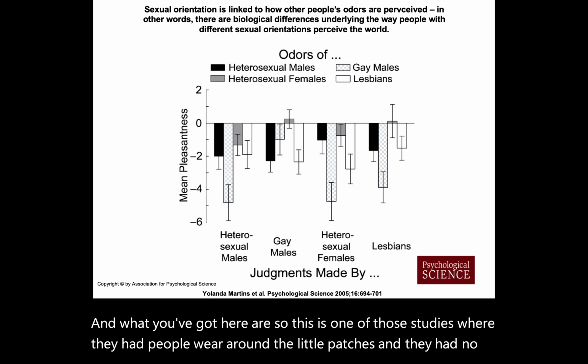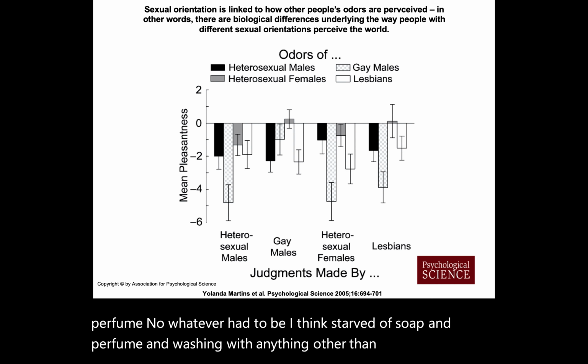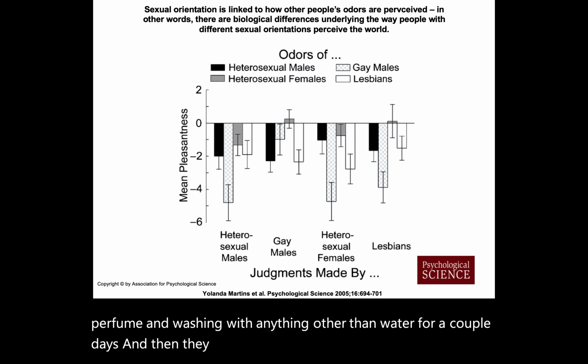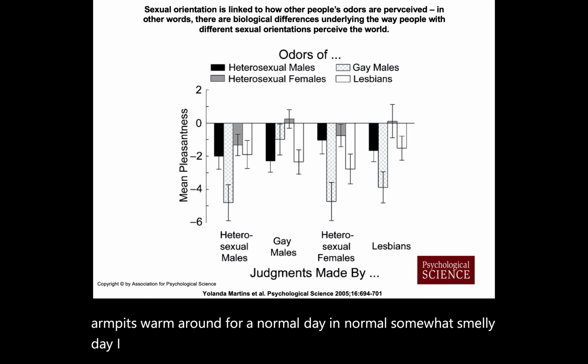They had to be, I think, starved of soap and perfume and washing with anything other than water for a couple days. And then they attached these cotton pads underneath their armpits, wore them around for a normal, somewhat smelly day, I would imagine, and then sent these off to the lab for analysis.